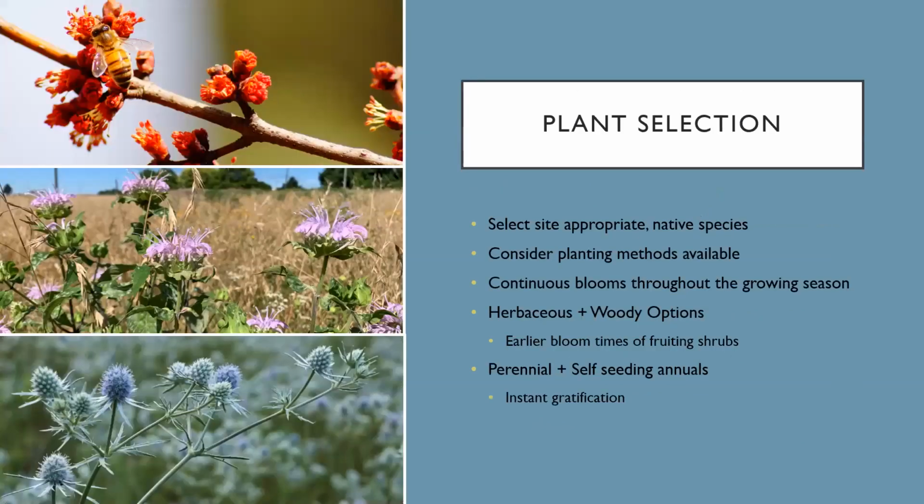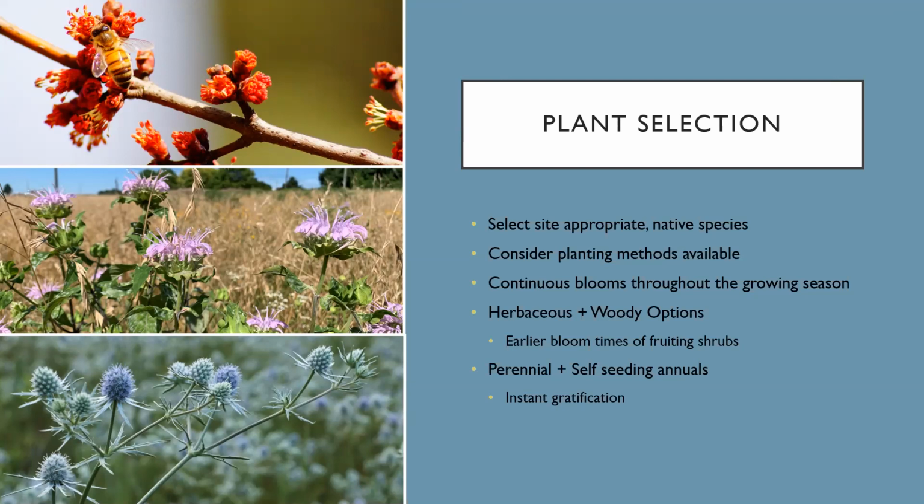Once your site is prepped, or maybe while you're going through the preparation phases, then you get to the fun part, which is the plant selection. You're going to go for a mix of plants that are locally adaptive and native to your soil types and your climate. And so this is kind of the biggest piece of working with natives. Site appropriate, you want to consider sunlight and soil moisture, as well as what plant material is most appropriate for the site.